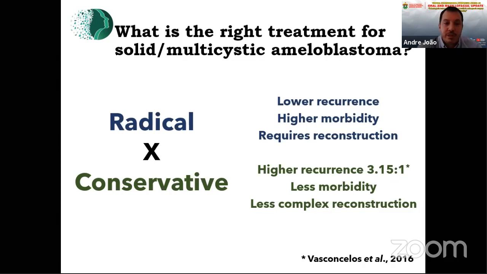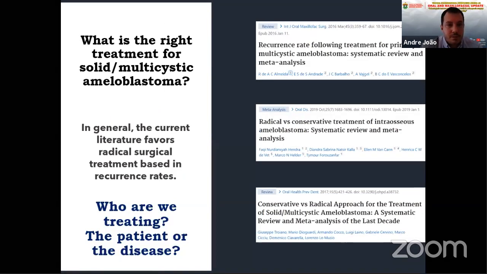By doing conservative surgery, we increase a lot the recurrence rate. It's 3 times higher than using radical surgery, but it results in less morbidity and less complex reconstruction. Okay, so we need to question ourselves, what's the right treatment?